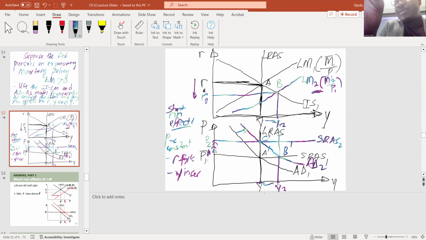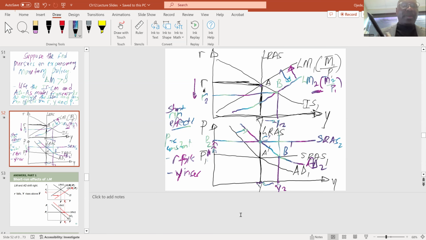Even though the Fed had increased the money supply M2 leading to a shift of the LM curve to the right, that led to short-run equilibrium interest rate falling and output rising. When price starts to increase, that means the real money supply falls, so the LM curve is going to shift backwards. So we go back to this point where we started from.